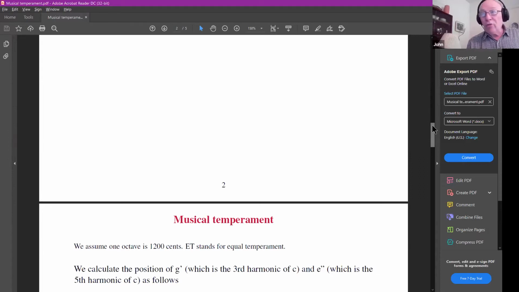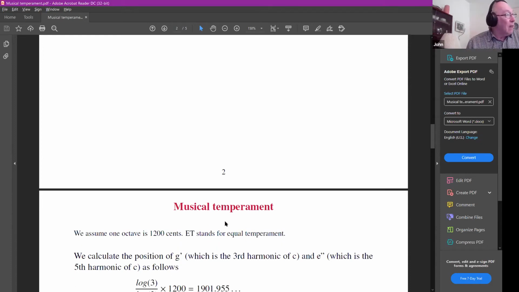And those 100 cents are spaced along the axis and not along the slide rule, if you understand what I mean. Between C and the next C, there are 1200 cents, all right?